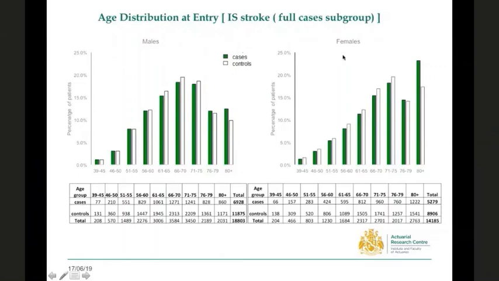For the males, we can observe that stroke can occur as early as 39 years old and also at later ages, 80 plus. But the most common ages to experience ischemic stroke are 66 to 70 and 71 to 75, whereas females tend to experience ischemic stroke at later ages.